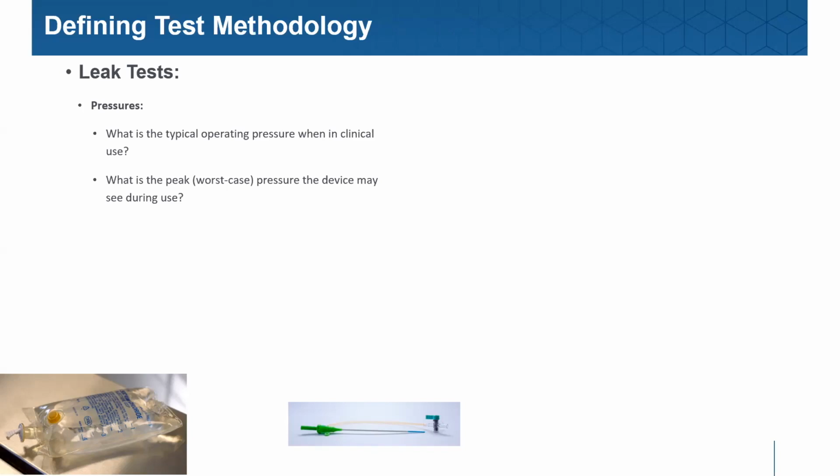We call that a proof test. Do you want to just subject it to it for some amount of time to make sure it survives, and then step down and actually do the leak test immediately after that at a lower nominal operating pressure? It's a very common test that we run into with some devices that could see pressure spikes during clinical use.